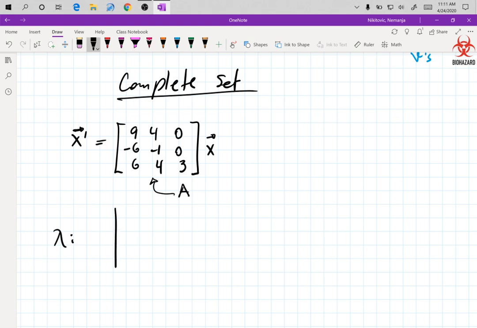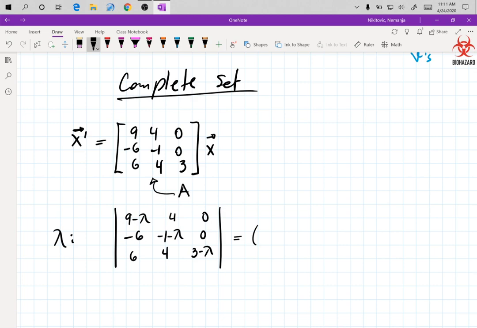So now we need the determinant: 9 minus lambda, 4 and 0, negative 6, negative 1 minus lambda and 0, and then 6, 4 and 3 minus lambda.